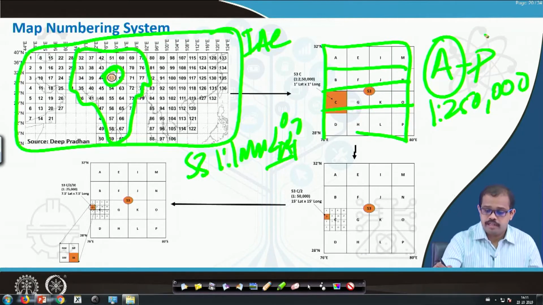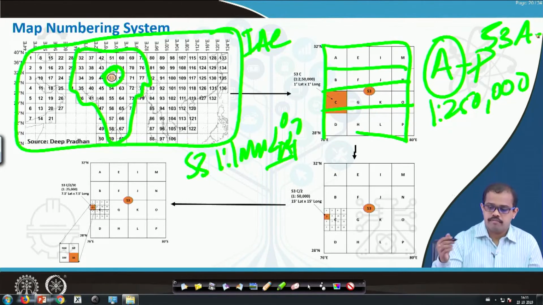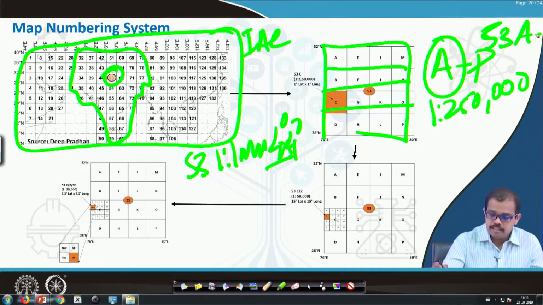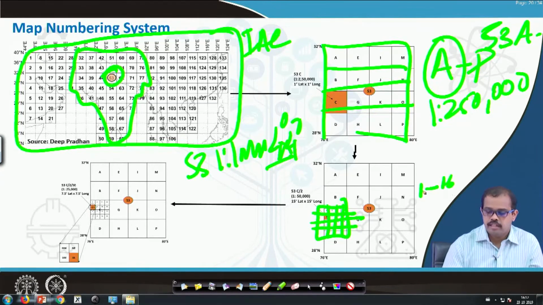So how do we represent this? 53A through P. Okay, 53A, 53B, 53C, 53D, each of them represents a map. Then, for example, if we consider this 53C here, I divide the 53C into 16 different sections and number it from 1 to 16. Each of these, 1 through 16, represents a 1:50,000 map.